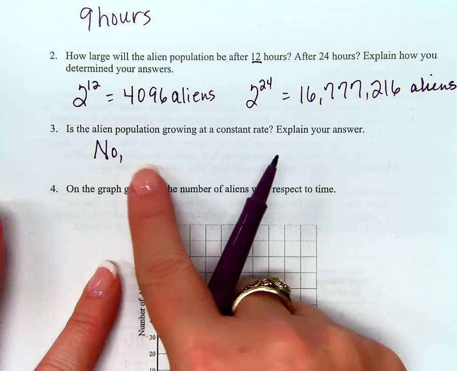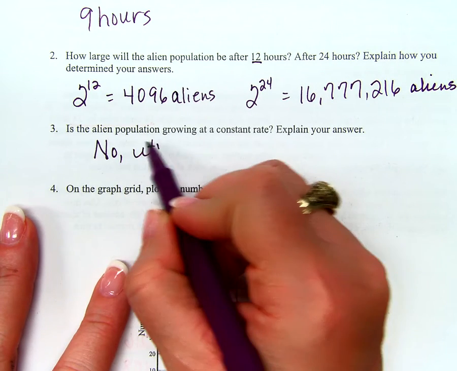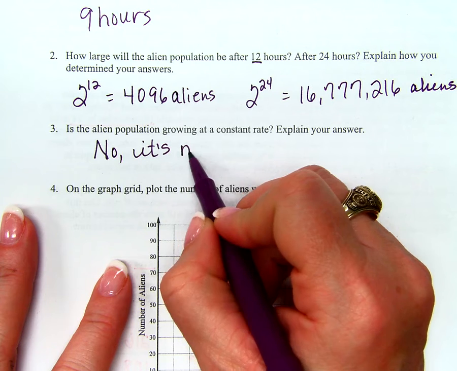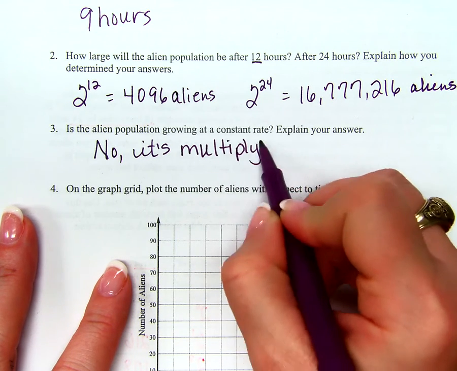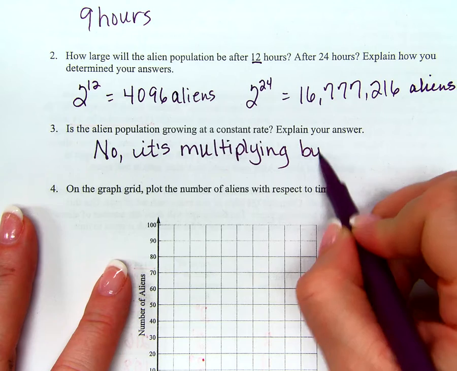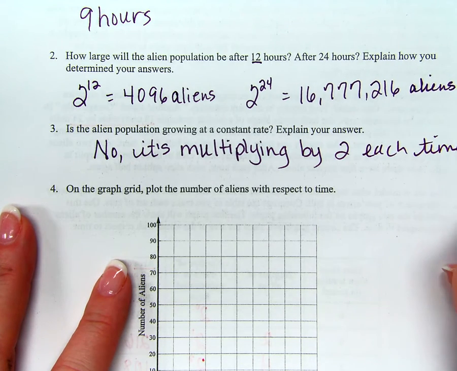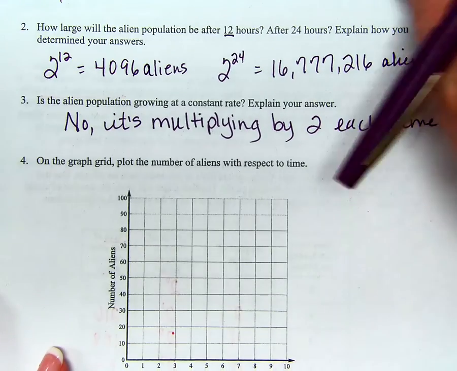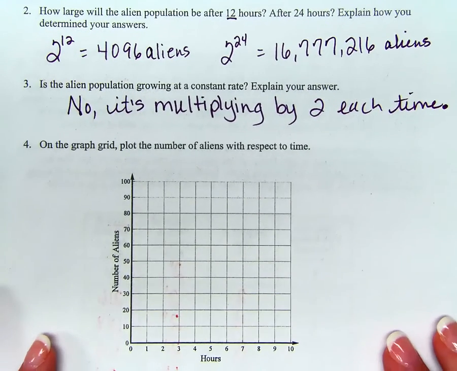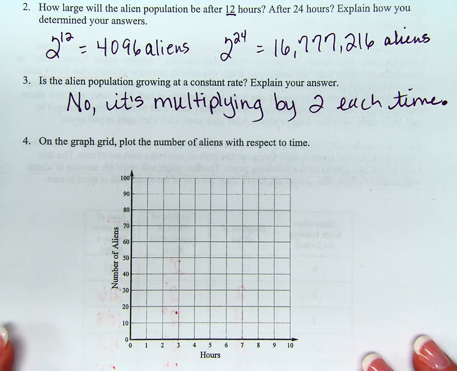No, it's not growing at a constant rate, but what's happening? Multiplying by 2 each time. You're trying to use a vocabulary word we don't know yet. We're not comfortable with it yet. So let's just use words that we know and we're comfortable with. You okay with that?